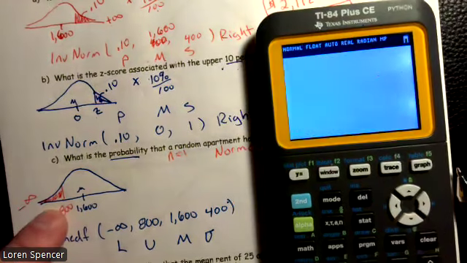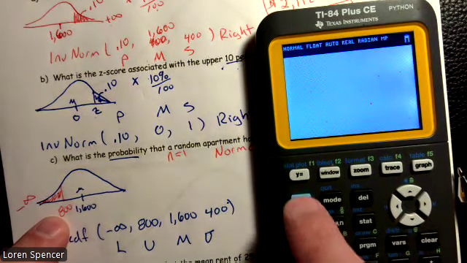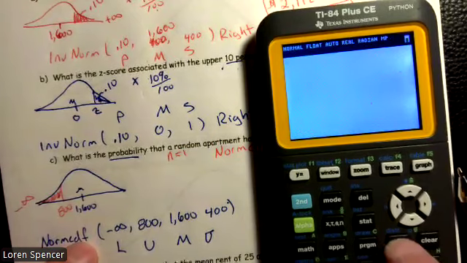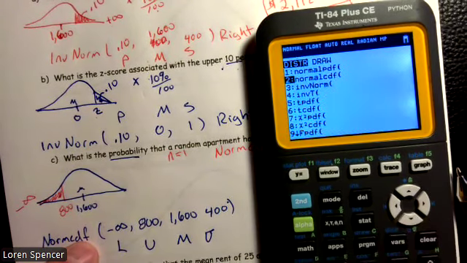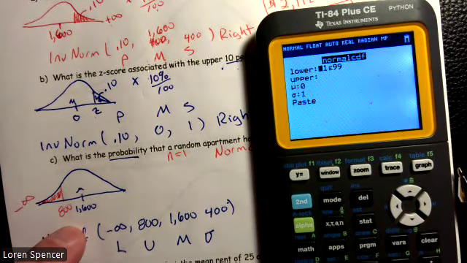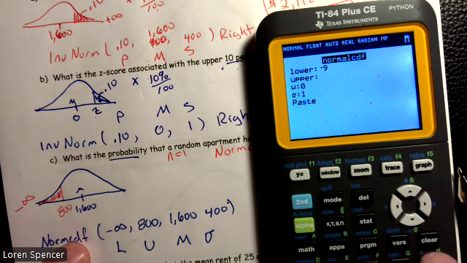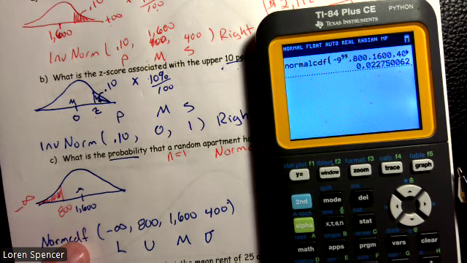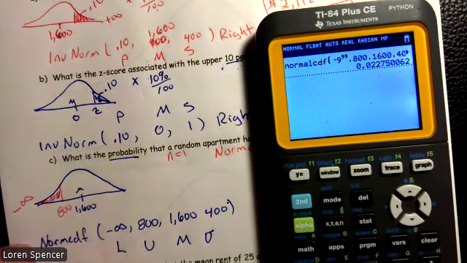So we're below 1600, so we should have a negative z-score, or a value less than 50% in this case. So second vars, normal CDF. Well, negative 9 times 10 to the 99th, that's the smallest value we'll take. The upper part of our shading is 800. Our mean is 1600, and our standard deviation is 400. And we end up getting 0.0227.